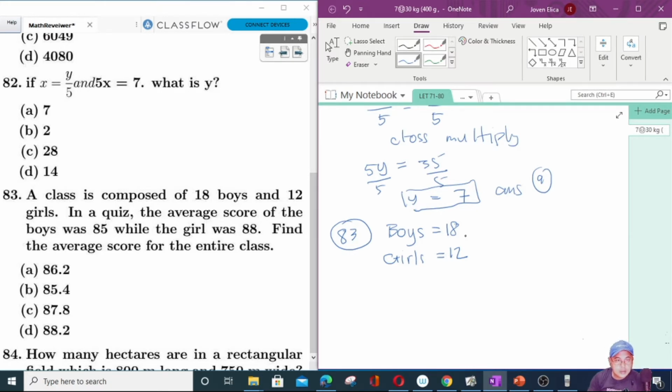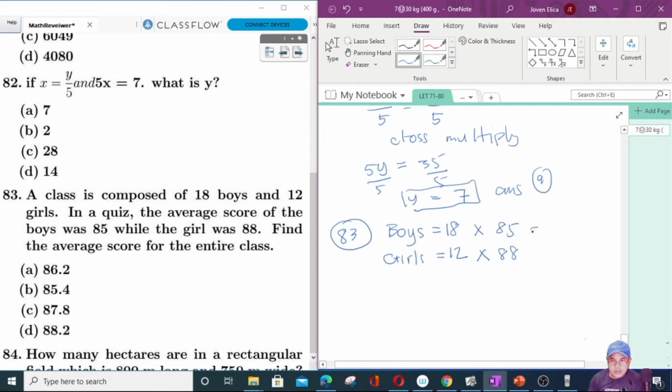So for the boys, multiply the number of boys 18 by the average, 85. And for the girls, the average score is 88. So multiply the number of girls by their average score.